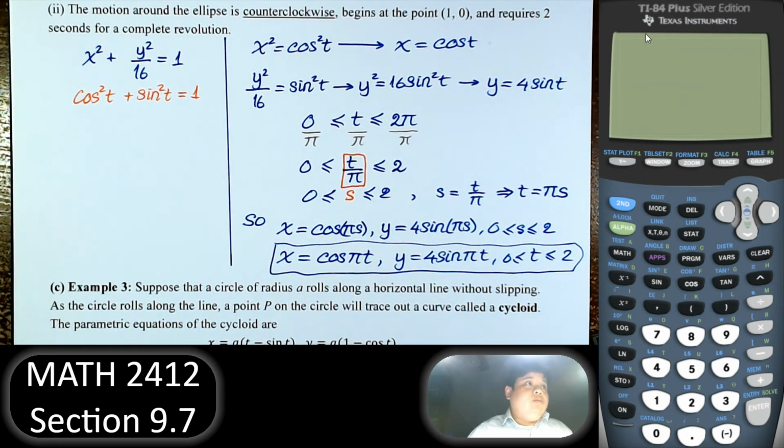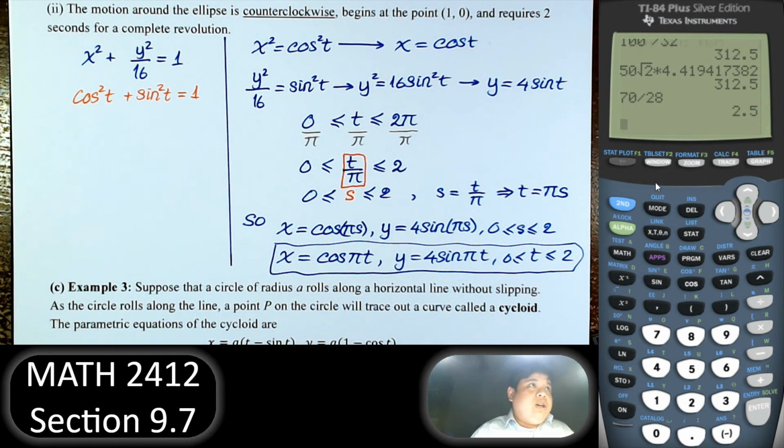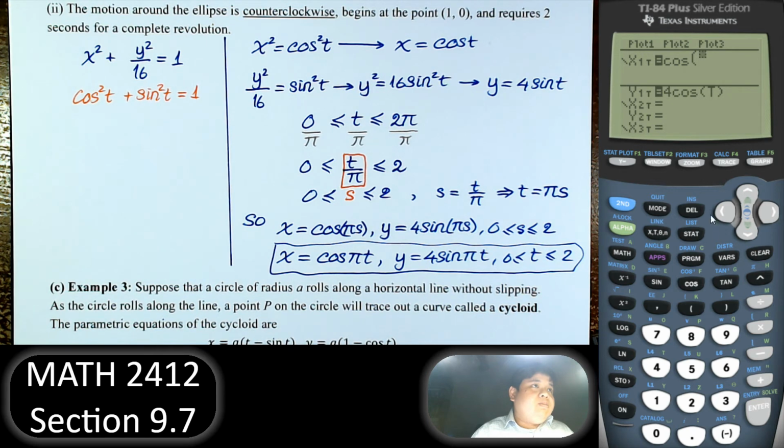Now, let's try this. Parametric form, radian, which is good. Equation: cosine of pi t for x, and then 4 sine pi t for y.